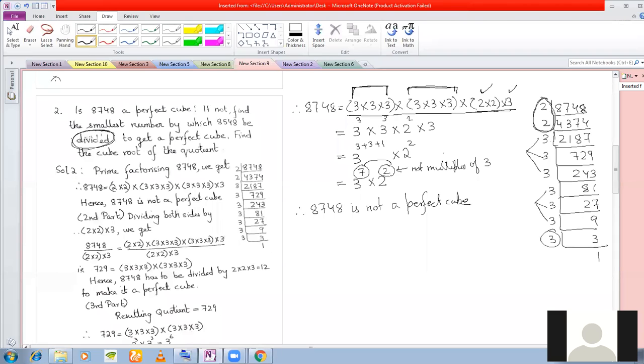So how do I remove these, sir? 2 into 2 into 3. Divide both sides by 2 into 2 into 3. So dividing, yes sir. We write first, 8748 is equal to, dividing both sides.